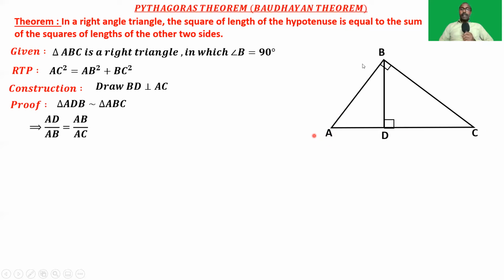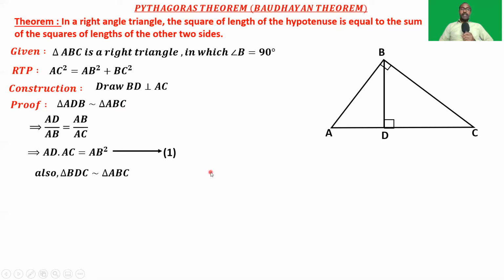So AD by AB is equal to, in the second triangle, the hypotenuse is AB, and in the whole triangle, the hypotenuse is AC. So the ratio of hypotenuse is AB by AC. That is, AD by AB is equal to AB by AC. From this, we can write AB square is equal to AD into AC. Take it as equation 1.